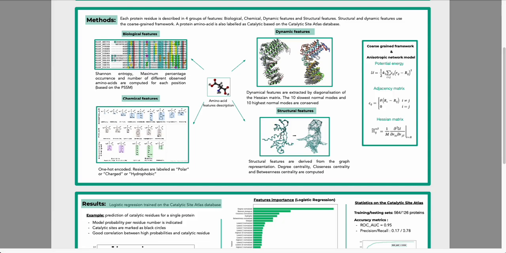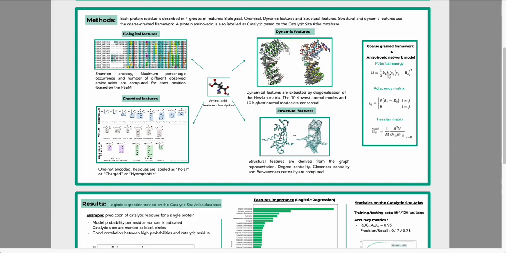Concerning the chemical features, this is a one-hot encoded frame where each residue is labeled as polar, charged, or hydrophobic. Concerning dynamic and structural features, they are both extracted using the coarse-grained framework and the anisotropic network model. The coarse-grained framework with the anisotropic network model consists of describing a protein with beads and springs. Each amino acid is a bead that is connected to the other amino acids in its surrounding.